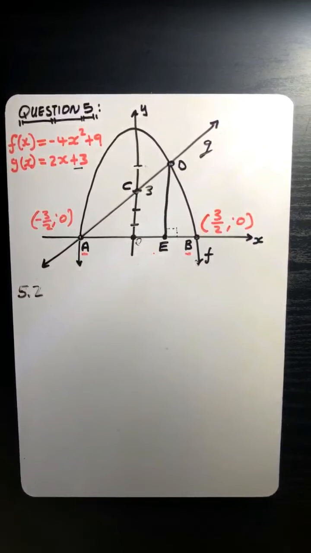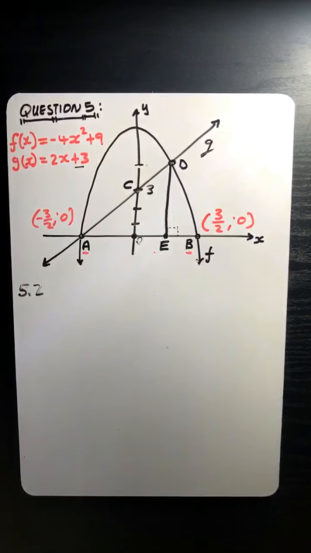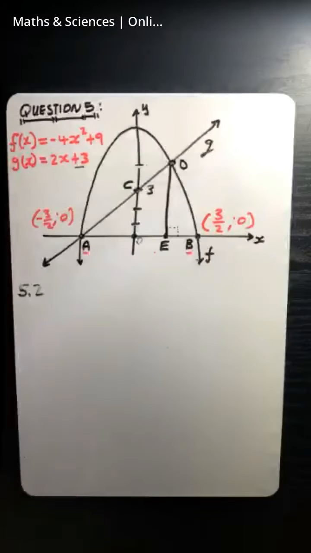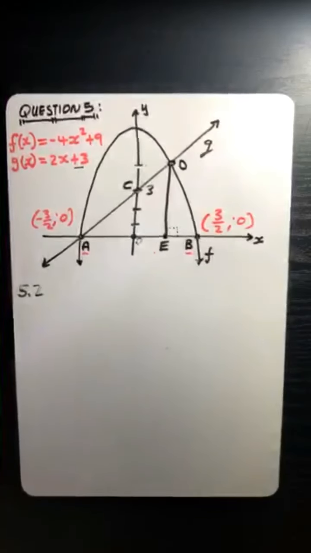Let's see. Ndumiso. Kunjani lapho? Ndumiso Maseko. You know, Maseko, if we remove that MA, then it's my surname. Are you aware, Maseko? So, do you remember?